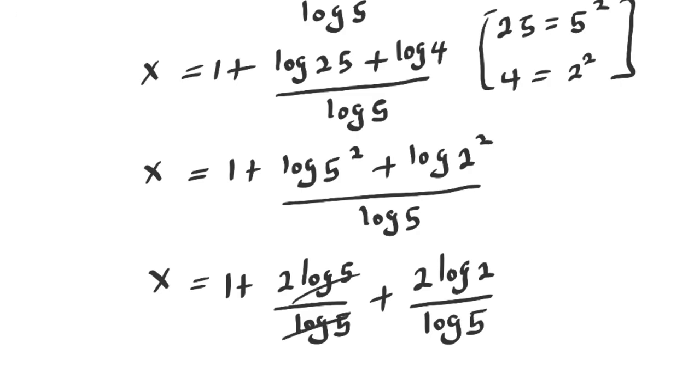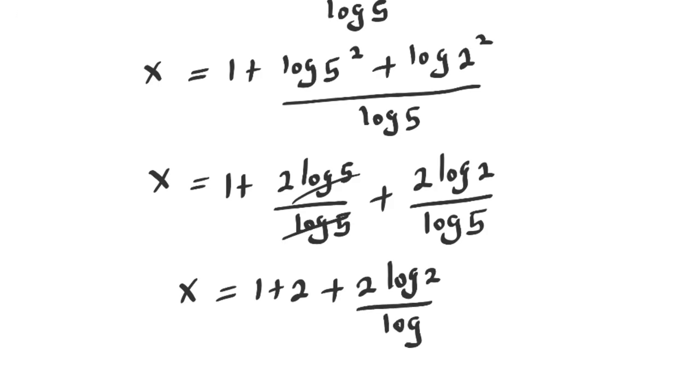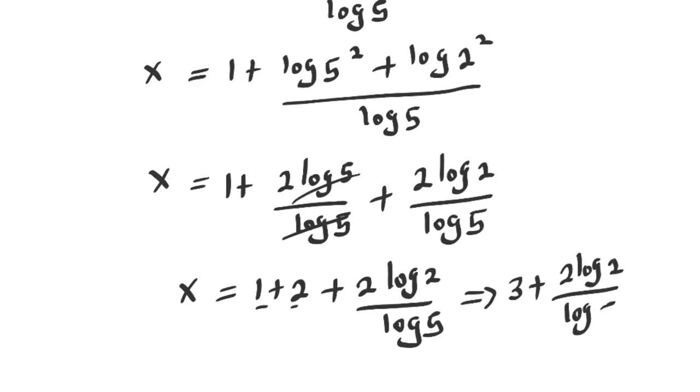This log 5 cancels this log 5. x is equal to 1 plus 2 plus 2 log 2 over log 5. This is same thing as 1 plus 2, that is 3 plus 2 log 2 over log 5.